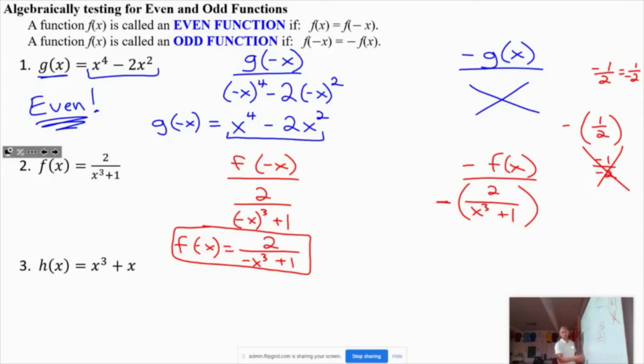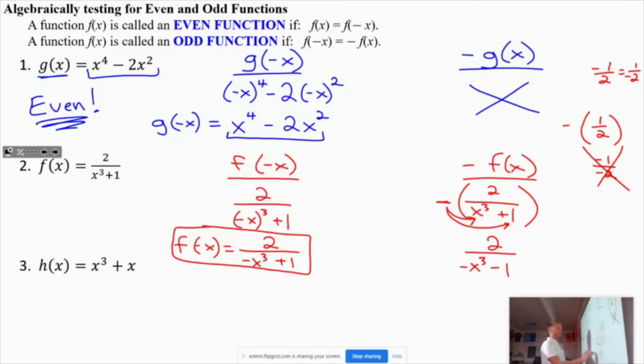So when I look at my previous column, this f of negative x, the middle column, I see a negative x cubed on the bottom. So let's try to distribute to the bottom and see if I can get it to match. So when I distribute this negative into the bottom, I need to distribute to both terms.